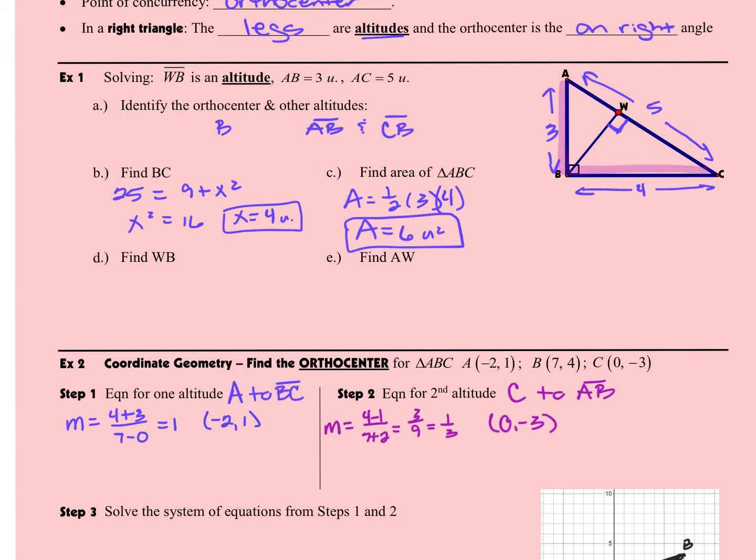Now, this is where it gets really, really important for us, and you've got to start to really think outside the box. If we want to find the length of WB, we don't have enough information to be able to do a Pythagorean theorem here or a Pythagorean theorem here because we don't know how this 5 has been divided between the two pieces. Remember, W is not necessarily a midpoint.